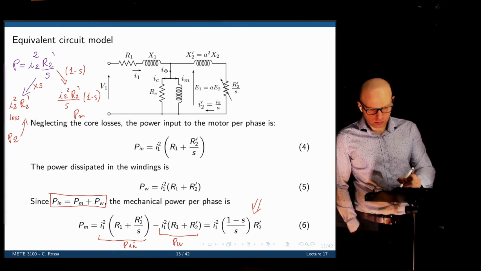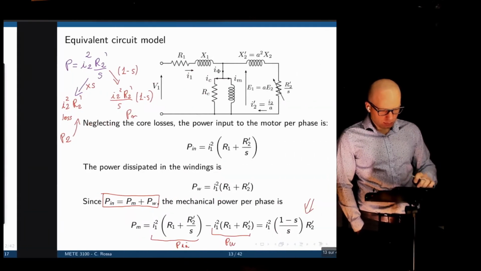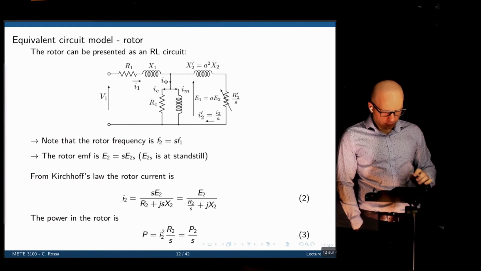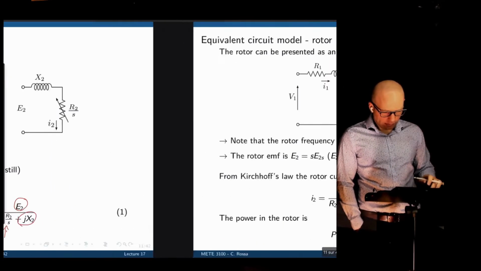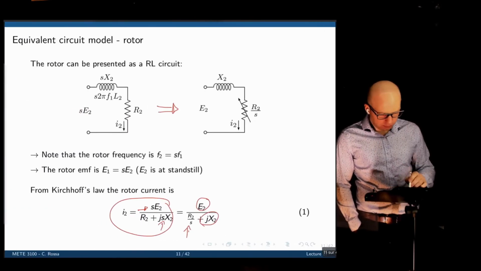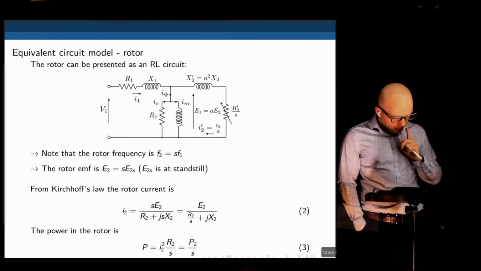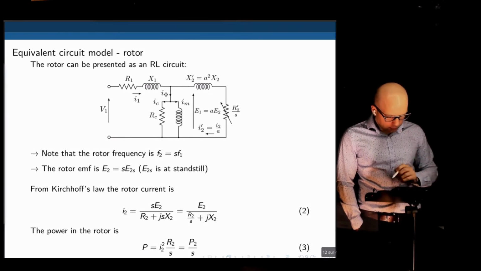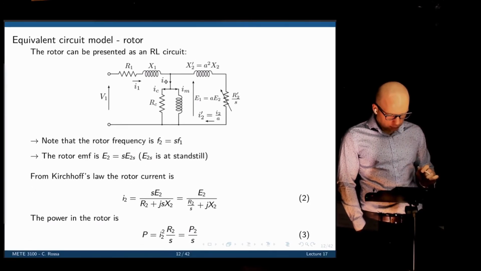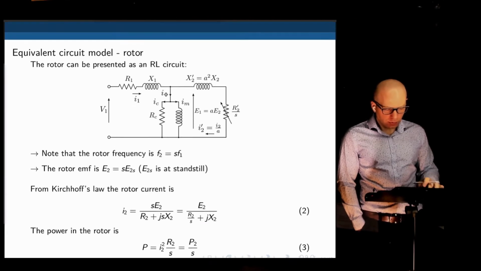Is the power from the previous page what we would have represented as P in or P air gap a few slides ago? Sorry, which slide exactly is that? The one labeled power flow. Oh, with the diagram.